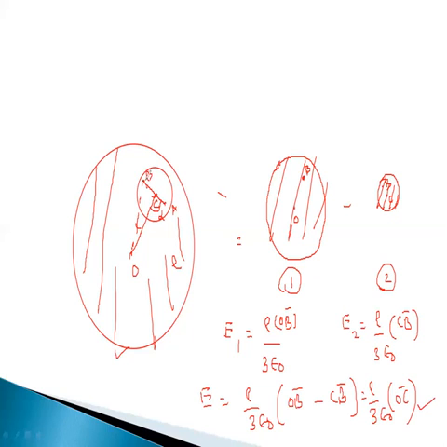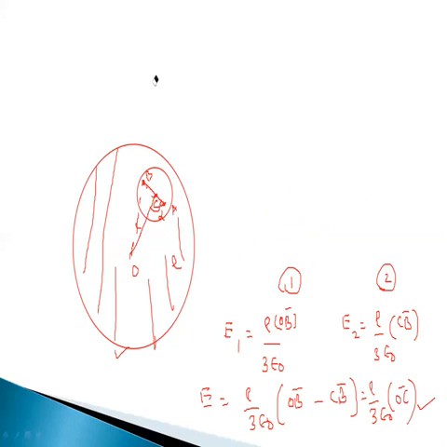And at the same time, you have to calculate the potential difference between 2 points along this particular line. So to calculate the potential difference dV, you can simply write minus integral E bar dot dr bar, from where to where?